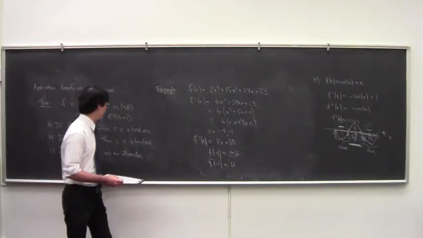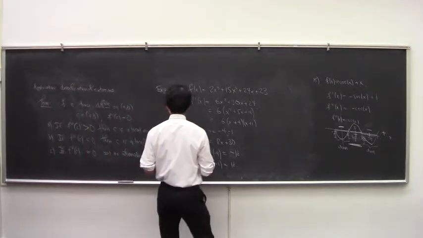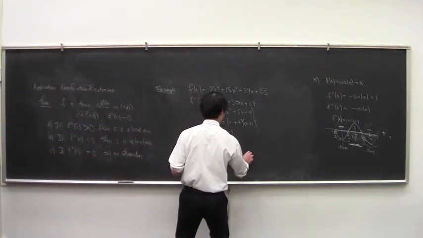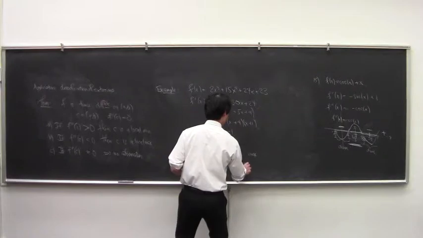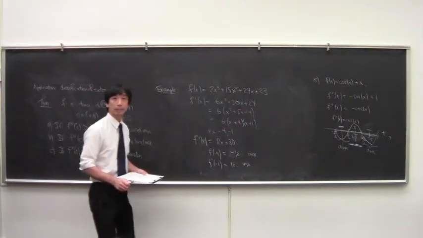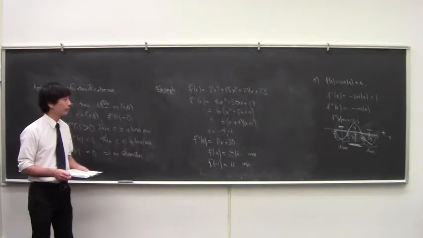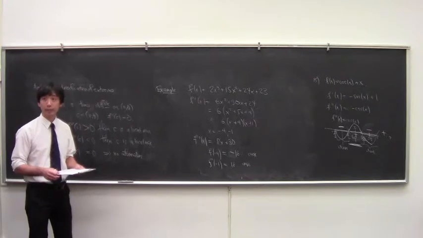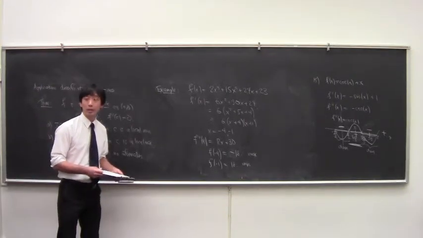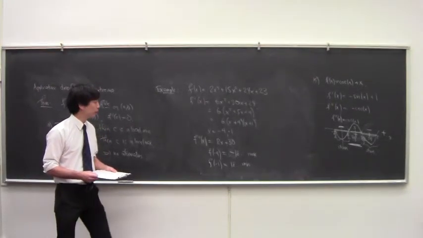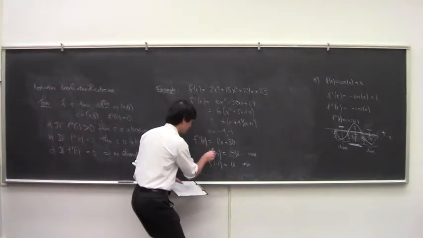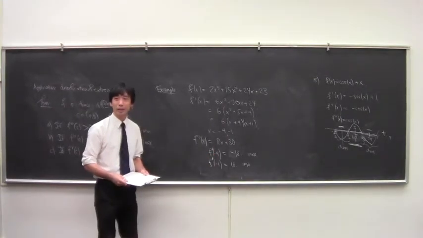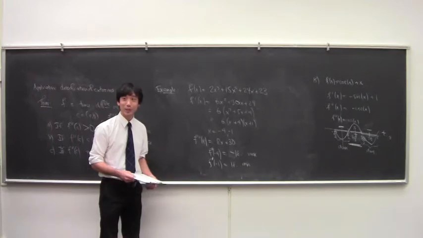And so immediately, you know that the negative one is going to be a max, and the positive one is going to be a min. Right. So, yeah, sure. Thank you. That's a terrible mistake.